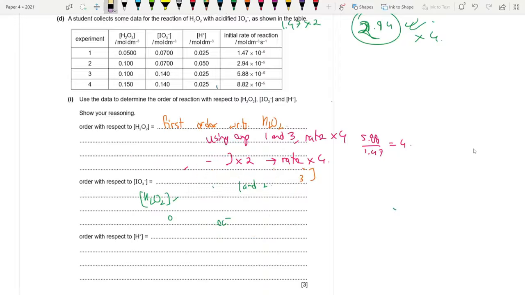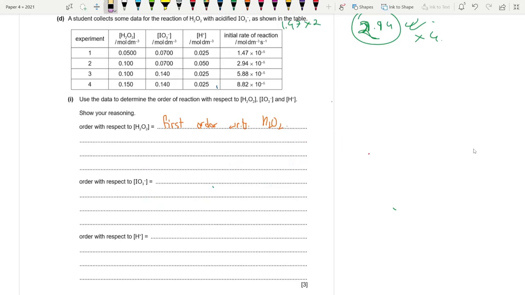The answer is first order with respect to H2O2. How exactly? Basically, in experiment 3 and 4, these have remained constant, and we have increased the concentration by a factor of 1.5 times.